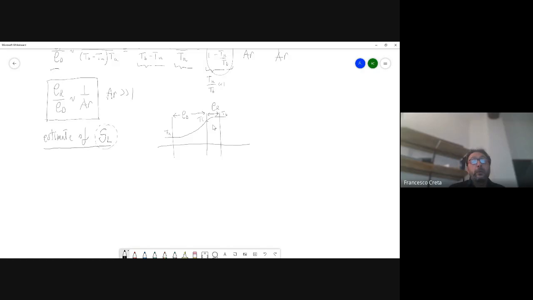So look at this one-dimensional representation of the flame. Well, beforehand, we expressed the continuity of fluxes.